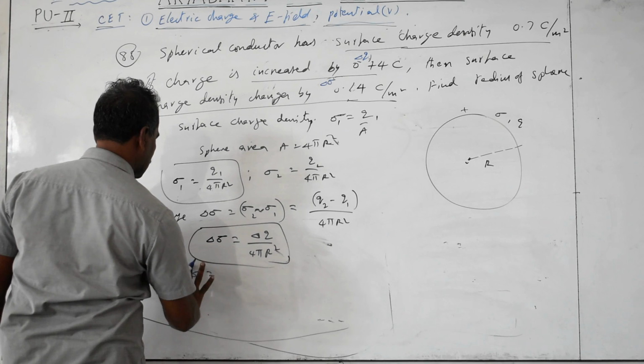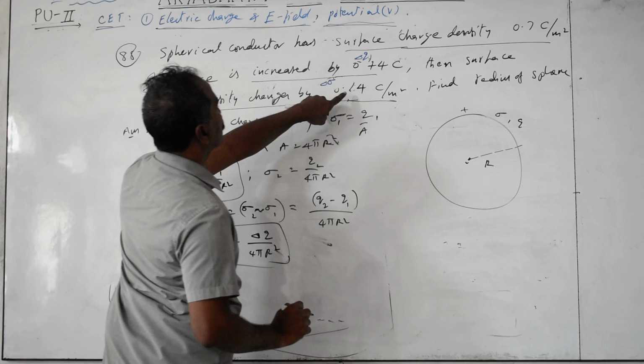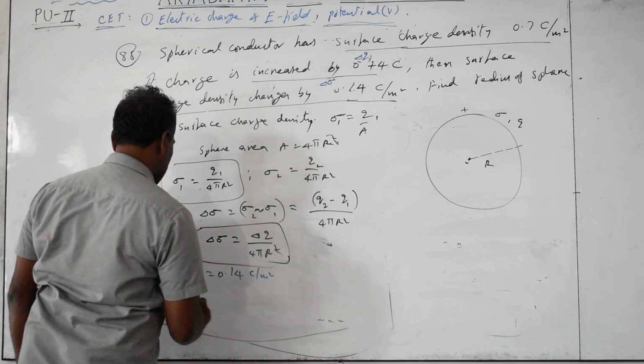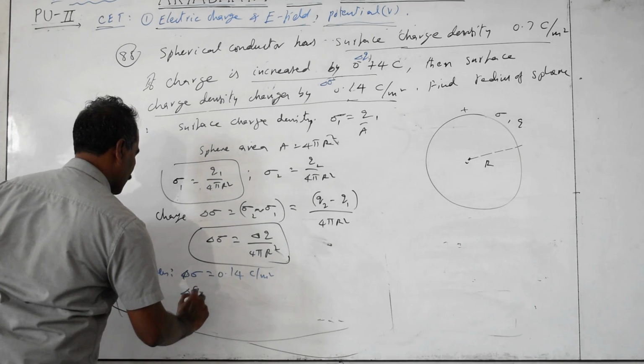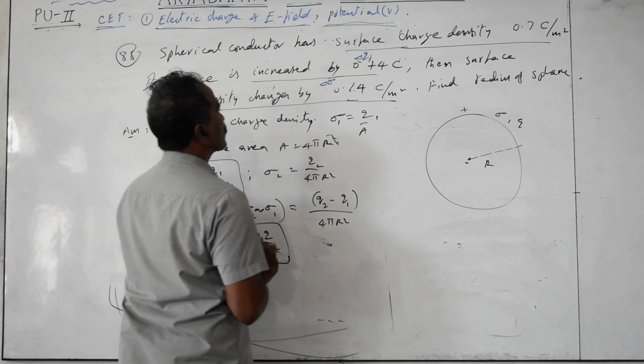Delta sigma, the changing surface charge density, is 0.14 coulomb per square meter and delta q is 0.44 coulombs.